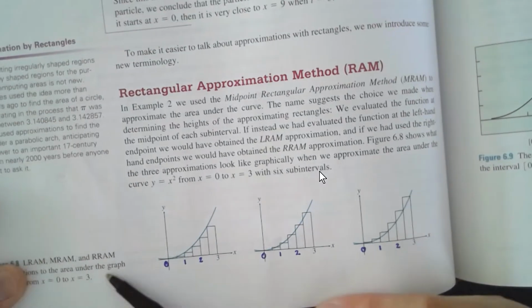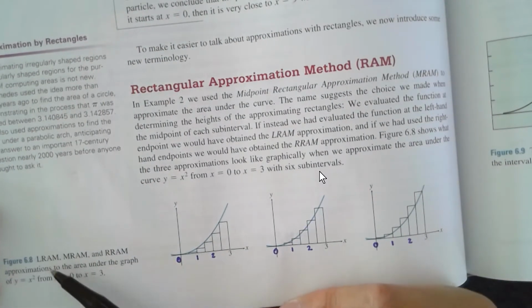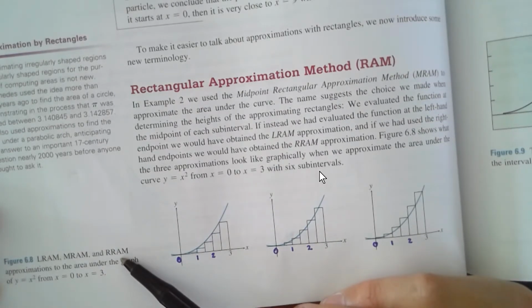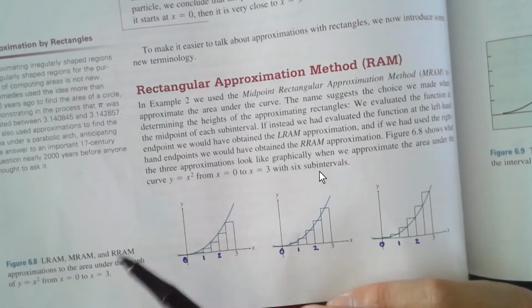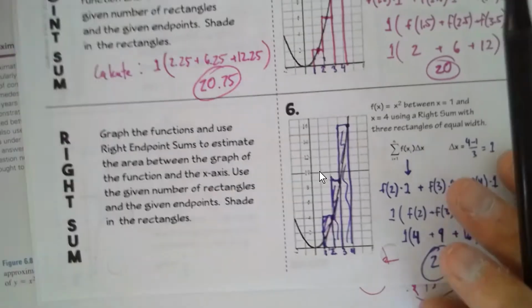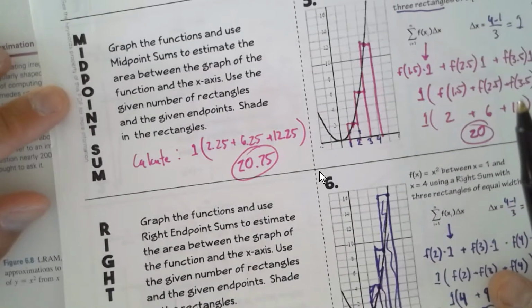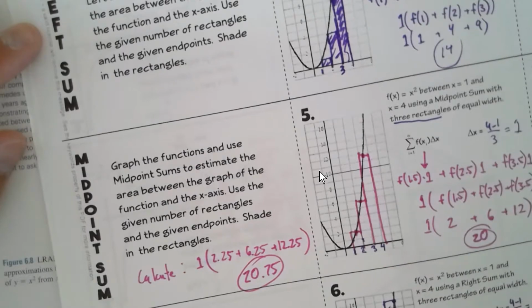In this figure, they have LRAM, middle rectangular approximation method, and right rectangular approximation method, which is no different from the right sum Riemann sum, midpoint sum, and left sum Riemann sum. So it's the exact same thing.